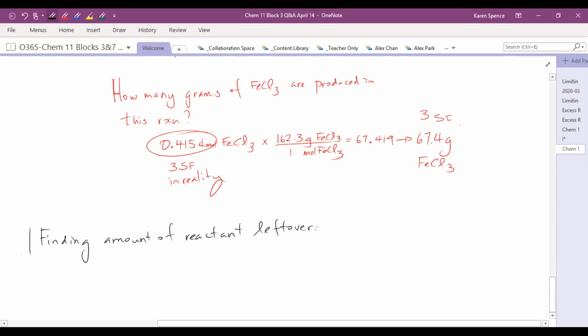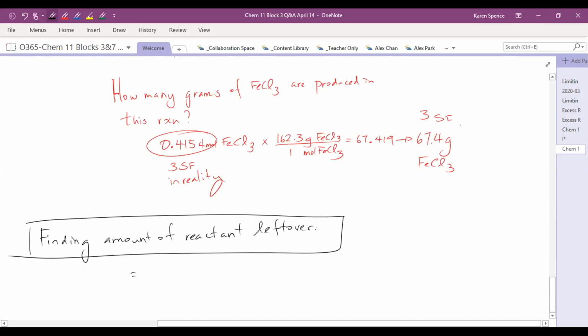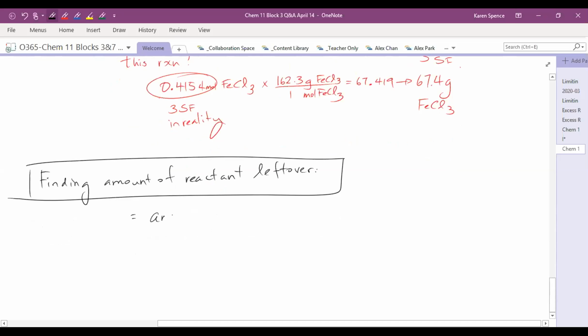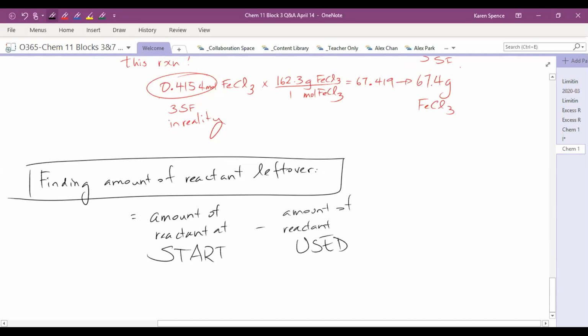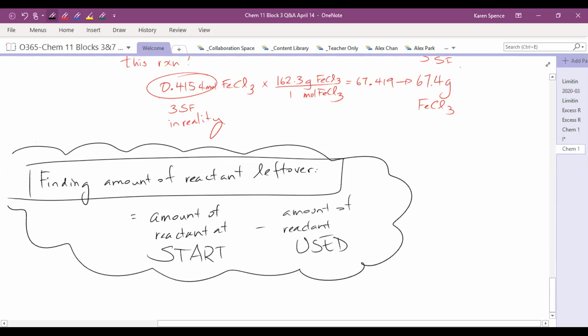It's always going to be the amount of reactant at the start minus the amount of the reactant used. So it's always the stuff at the start minus the amount of stuff used. That will always be the same if you're finding the amount left over.